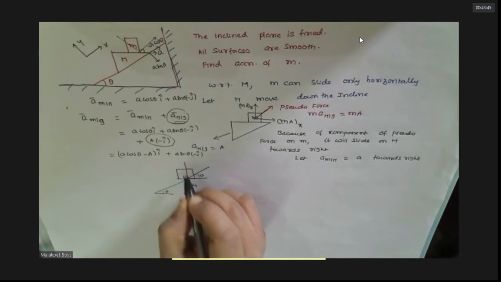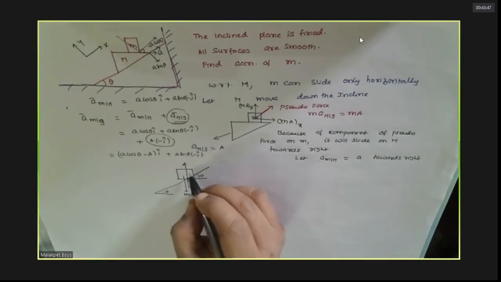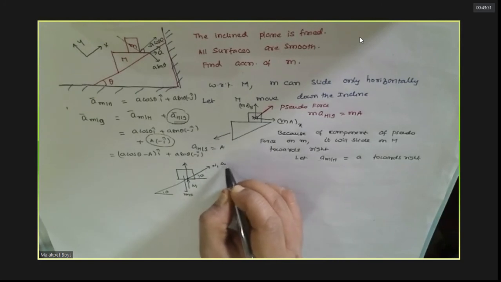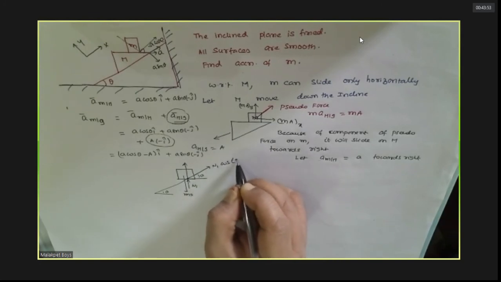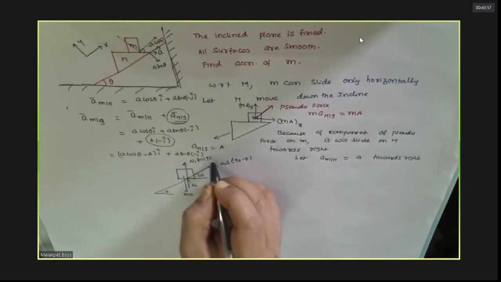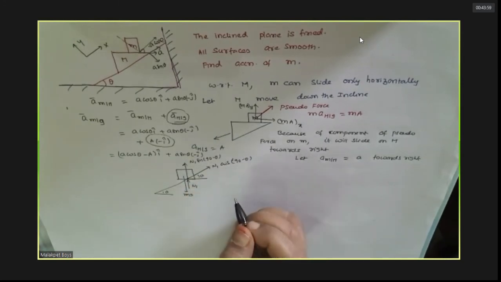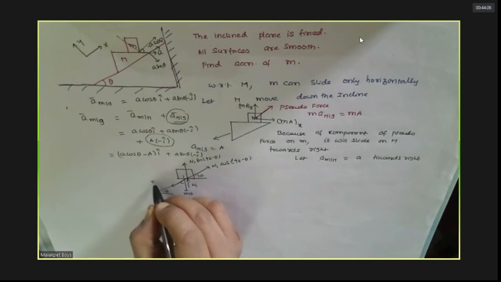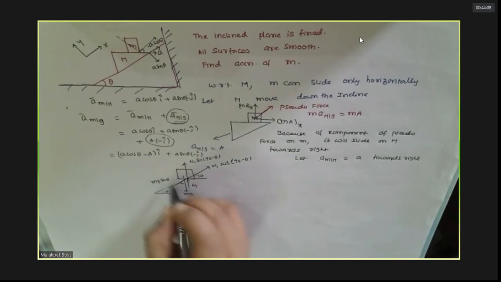Can you resolve this along the x and y directions? This is 90 minus theta. So this will be N1 cos 90 minus theta. This is N1 sin 90 minus theta. Agreed? Similarly, this is 90 minus theta, so you have mg sin theta, and what will be this?